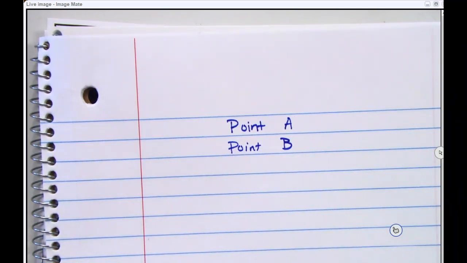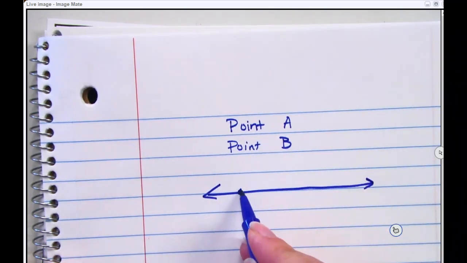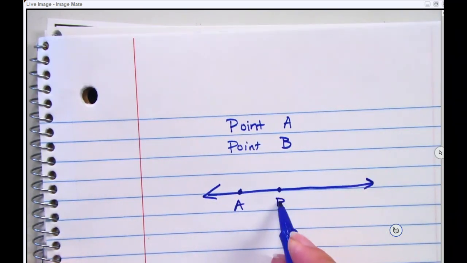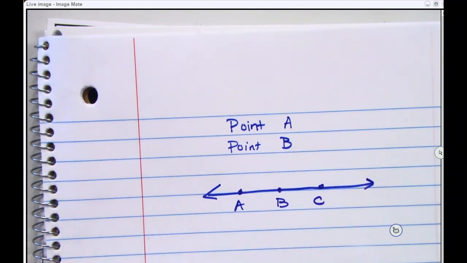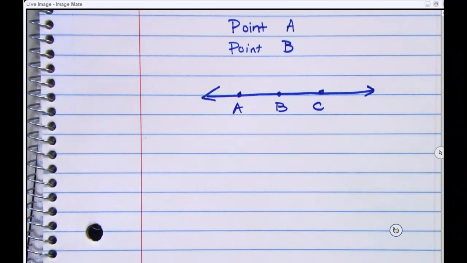If I have a line, and let's say I have A, B, and C. It's not necessarily line ABC, and usually not. You need 2 points to create a line.